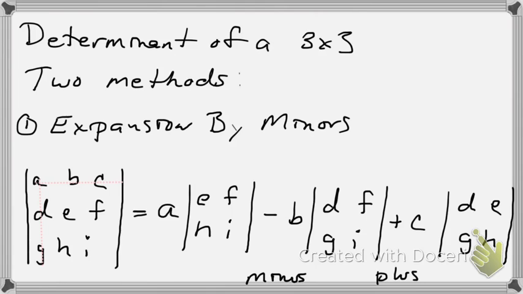It's minus and then plus. That is why Miss Piggy is painted on the wall over here by my desk. Because it goes minus plus when you're taking the determinant of a 3 by 3 matrix using expansion by minors.